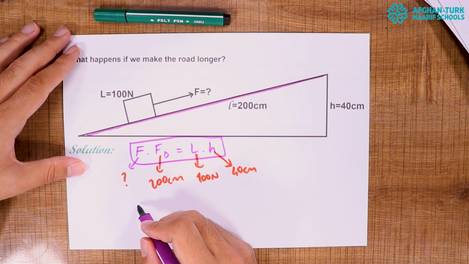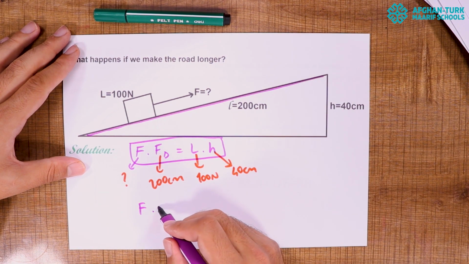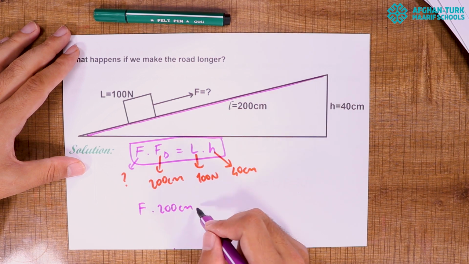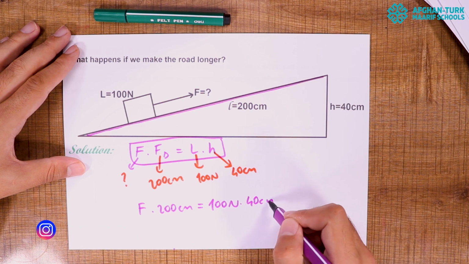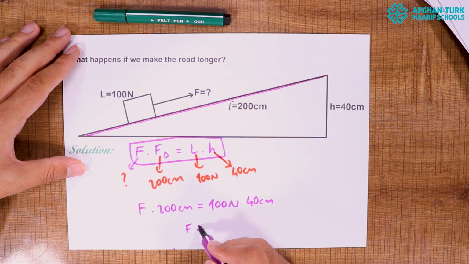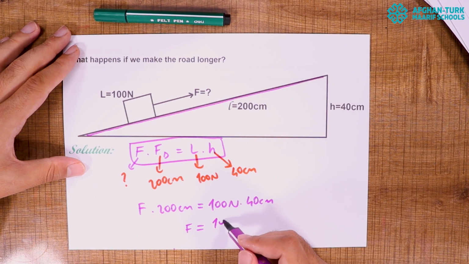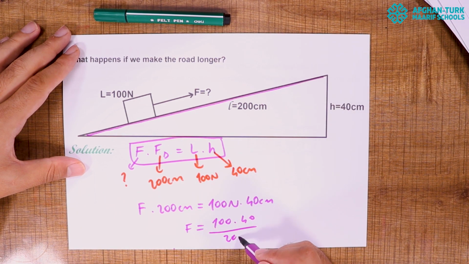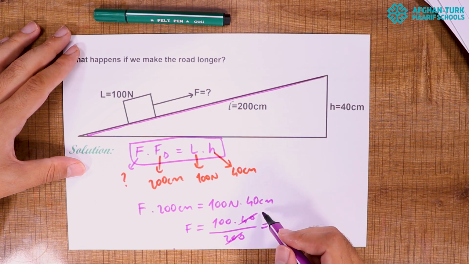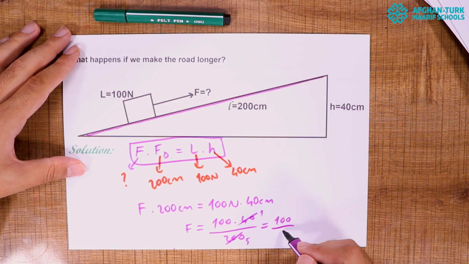So from here I can find force times 200 centimeter is equal to 100 Newton times 40 centimeter. I can find the force from here. 100 times 40 divided by 200 centimeter, and if I simplify this, it will be equal to 100 divided by 5, and that's equal to 20 Newton.